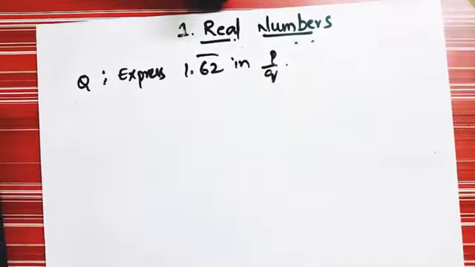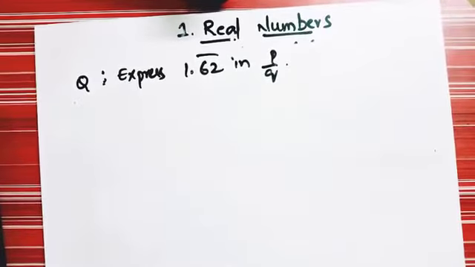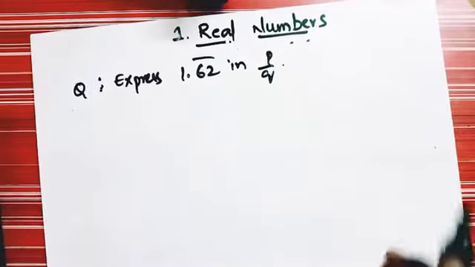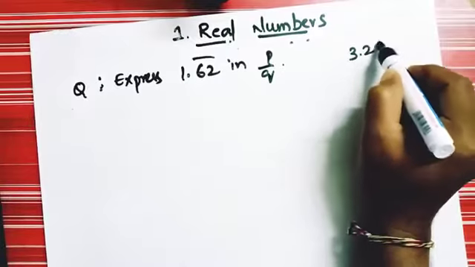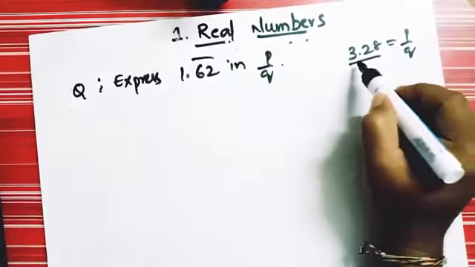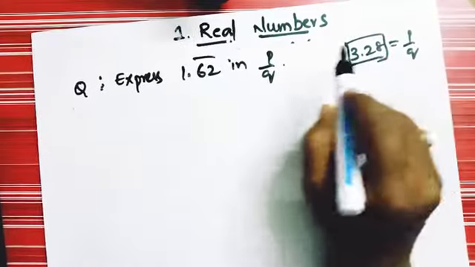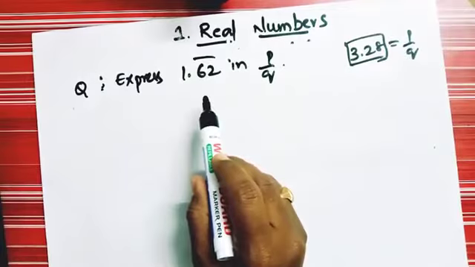Next question, we are expressing 1.62 bar in p by q form. In the previous problem we expressed 3.28 in the form of p by q, which is a terminating decimal. But in this question they gave a non-terminating recurring decimal.